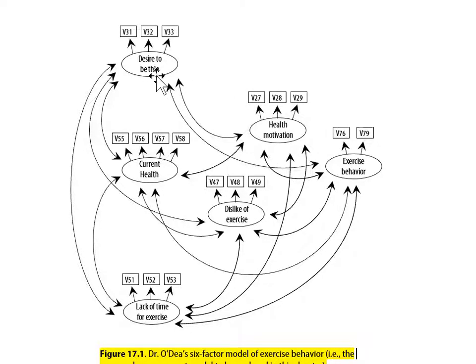This oval represents the factor for desire to be thin, measured by these 3 questionnaire items. This is the factor analytic model that we're going to investigate in the current chapter. We're going to use confirmatory factor analysis to determine whether this is a good measurement model, whether it produces results with good enough fit that we'll feel okay about going on to the next chapter, Chapter 18.